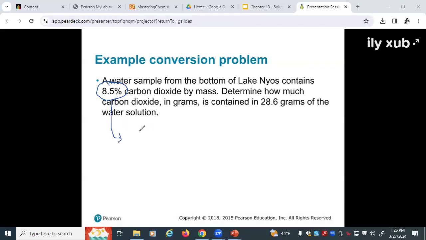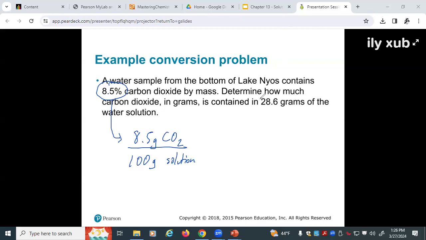And so what that percentage means is that I have 8.5 grams of carbon dioxide for every 100 grams of solution. So this is my conversion factor. This is the thing I can use to convert grams of water into grams of carbon dioxide, or grams of carbon dioxide into grams of solution.